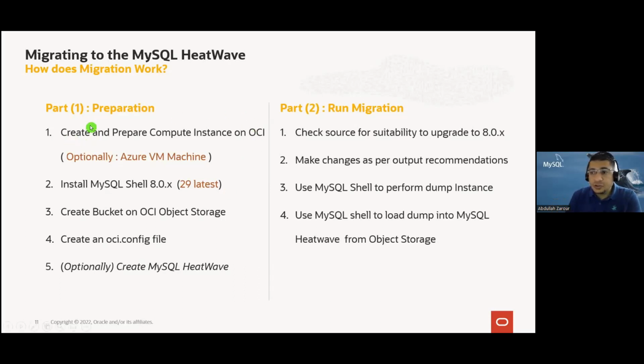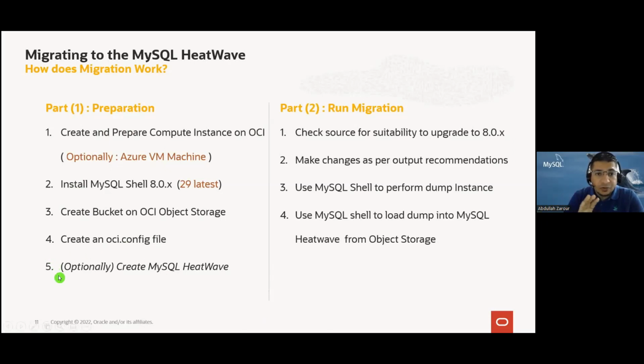The first step is to create a compute machine, and you can have this compute machine on OCI, or on the Azure side. Then install the shell. Then you create the object storage, the repository where we will store the data. Then we need to create the config file, which will allow us to securely access the object storage in OCI.